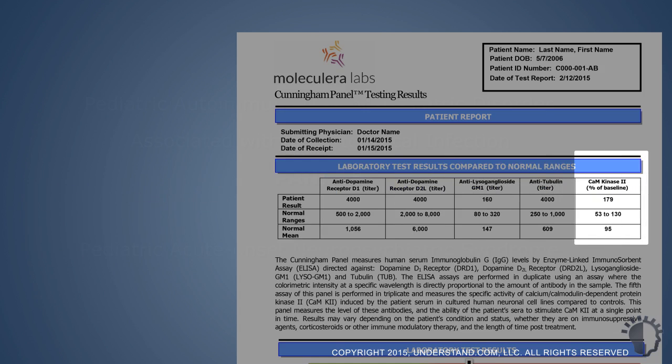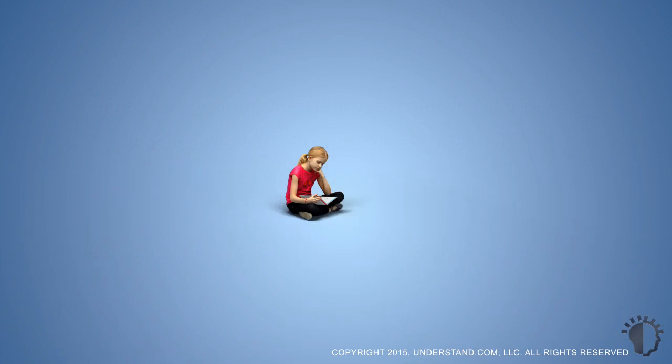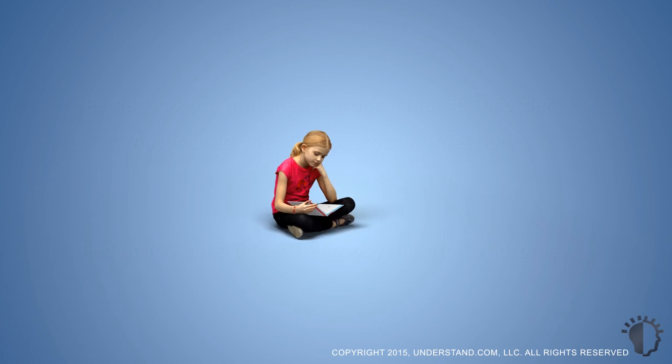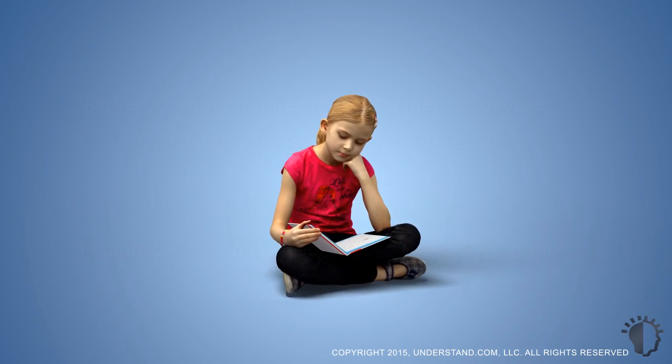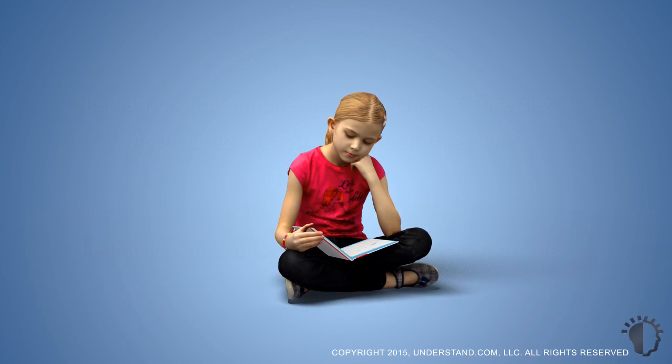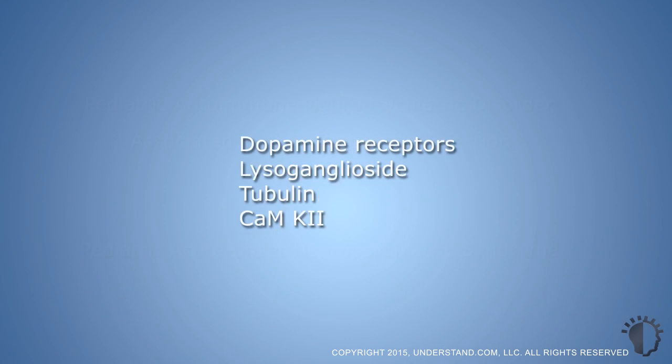Additionally, a 5th test measures the antibody-mediated activity of the enzyme calcium-dependent calmodulin protein kinase 2 or CAM kinase 2. Each of these autoimmune targets was chosen because of its correlation to symptoms of neuropsychiatric behavior that have been associated with Sydenham chorea, PANDAS, and PANS. Let's take a more in-depth look at the test's targets and how each affects neurologic function.